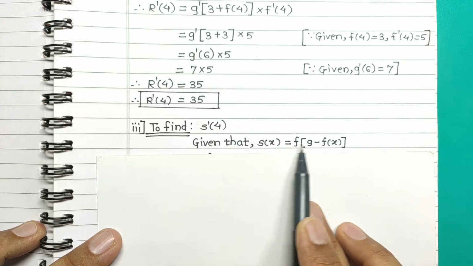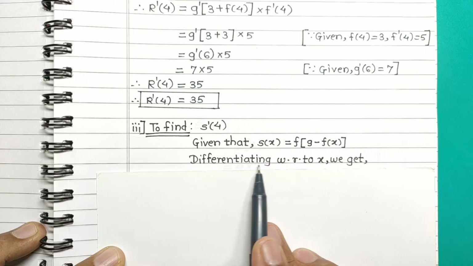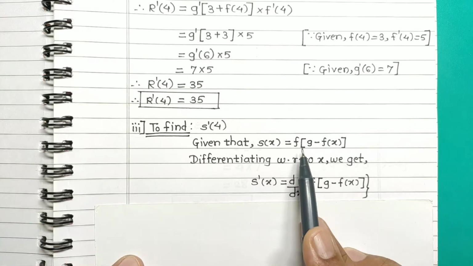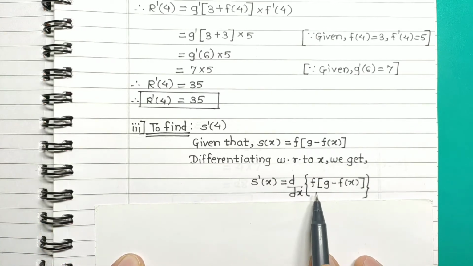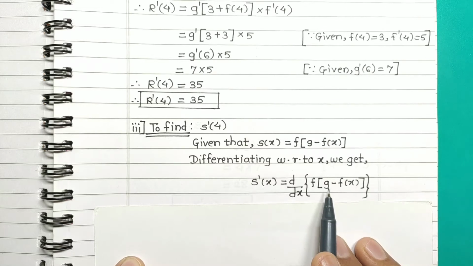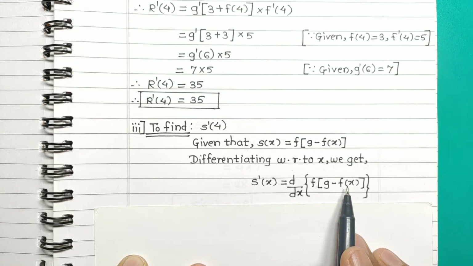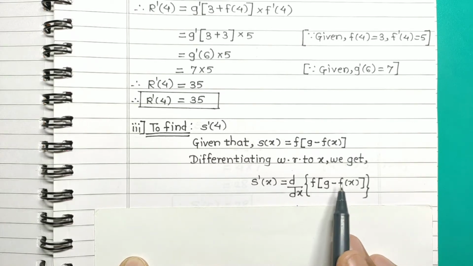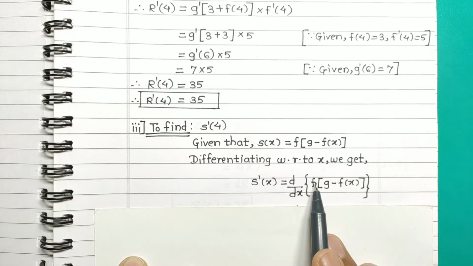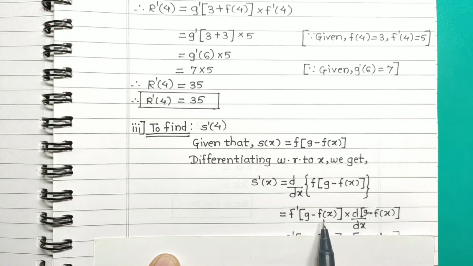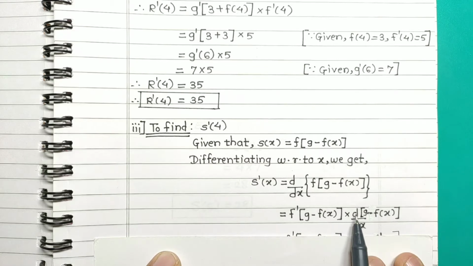So let's differentiate this function to find the derivative. Differentiating with respect to x, we get s dash of x is equal to d by dx of this composite function. Again it is a composite function, and to find its derivative we have to use chain rule here. So let's treat this function as f of something, so its derivative is f dash of something into the derivative of something, and that something function is 9 minus f of x.